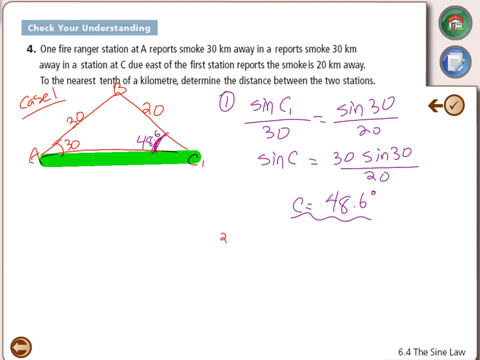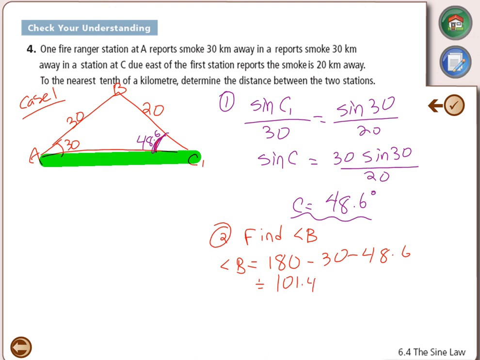Step number 2. Find angle B. Well, that's 180 minus 30 minus 48.6 gives us about 101.4 degrees. Good. Write it in. Step 3, find A to C. Sine law again. So we'll just call this little b.